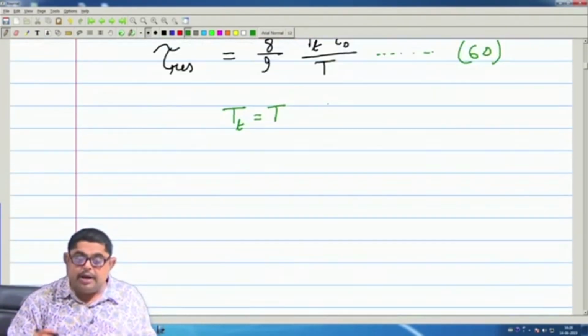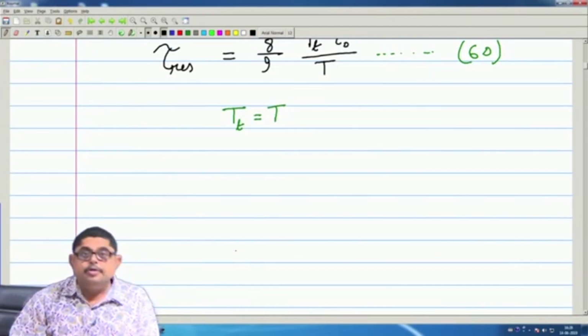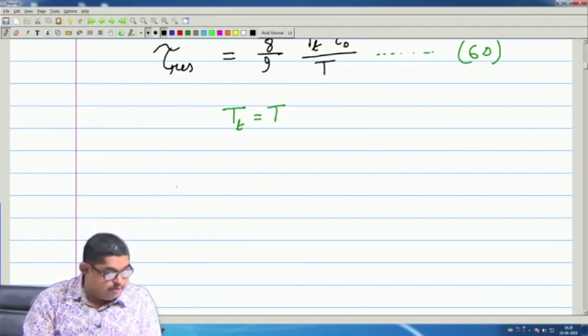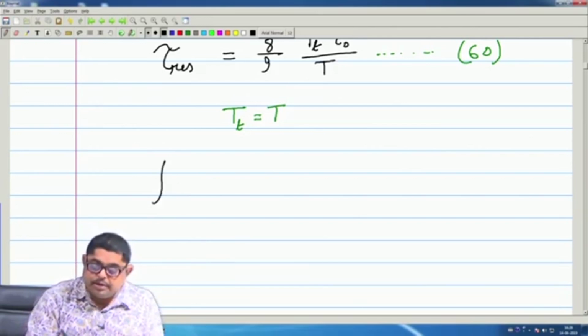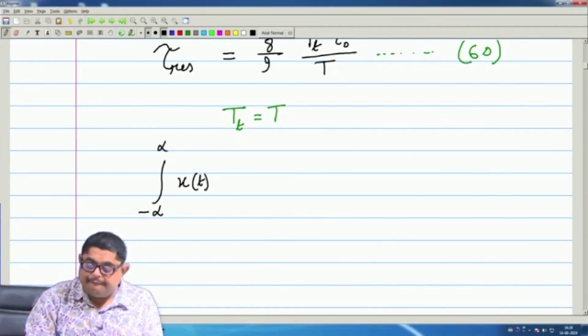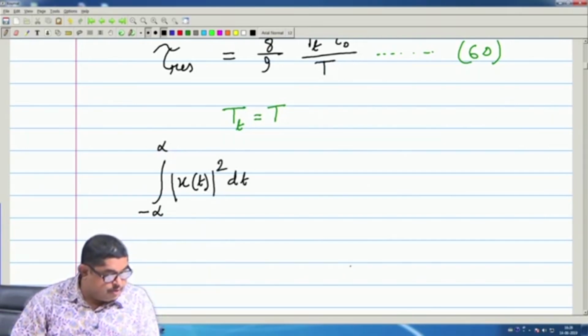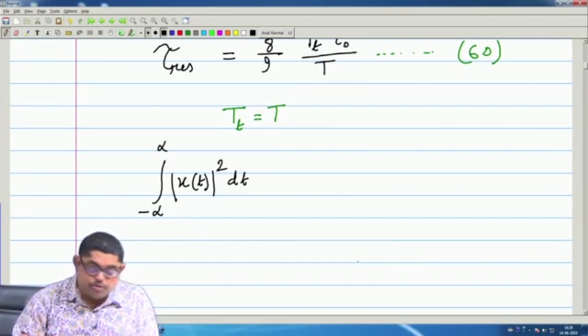Now, similarly, we can find the Doppler resolution. For that, we need to find these terms, integral of x(t) square dt. So, this was simply the signal energy.